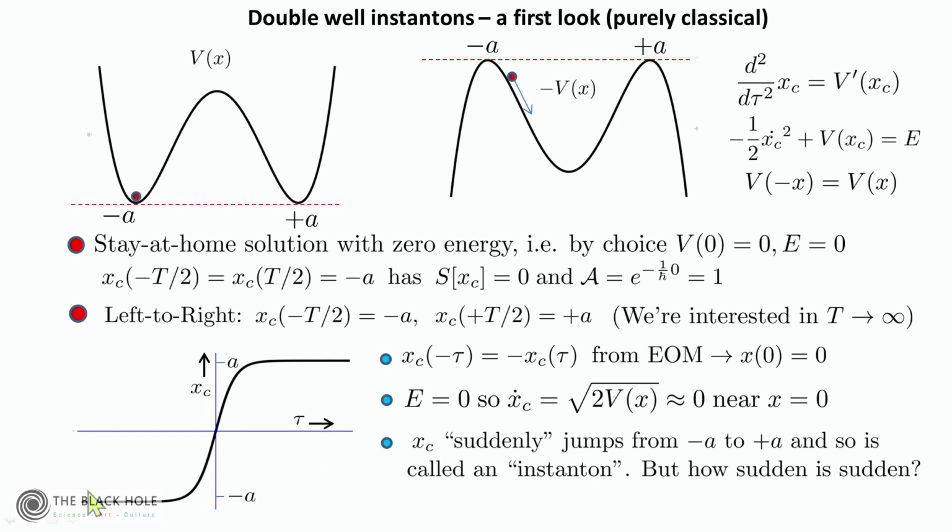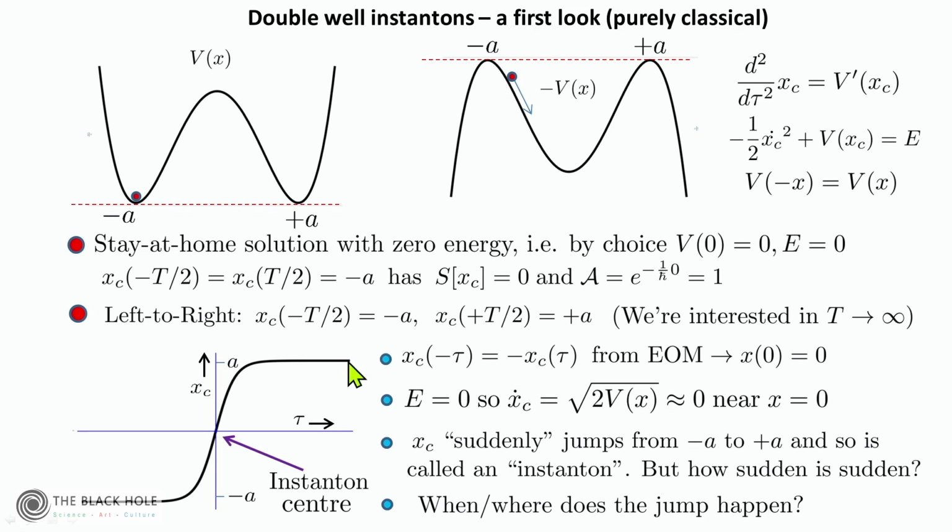And so what that says is that the picture looks like this. Far in the past, the particle is at minus a. Far in the future, the particle is at plus a. Here, xc dot, here x is equal to 0.